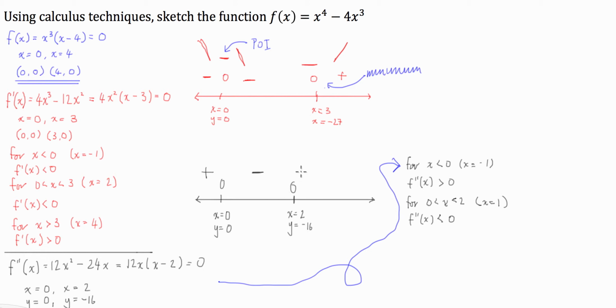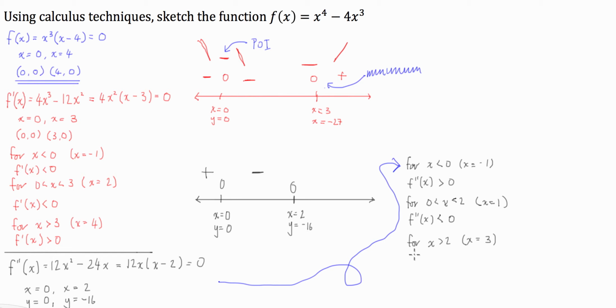Then we have x greater than 2. So for x being greater than 2, I'll put just x equals 3 in. We have 3 squared is 9 times 12 is 108, minus 24 times 3. Now 20 times 3 is 60, 4 times 3 is 12, so it's 108 minus 72. So it's going to be a positive number. Great.